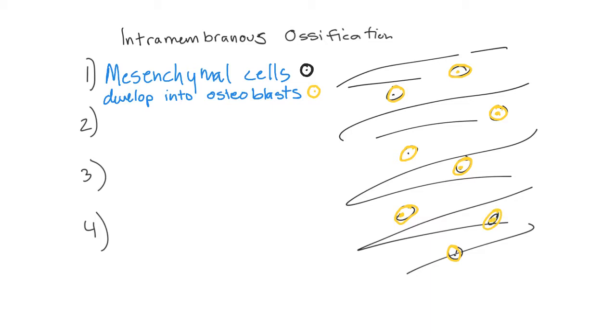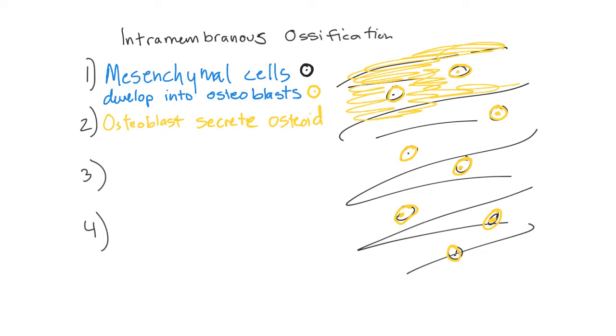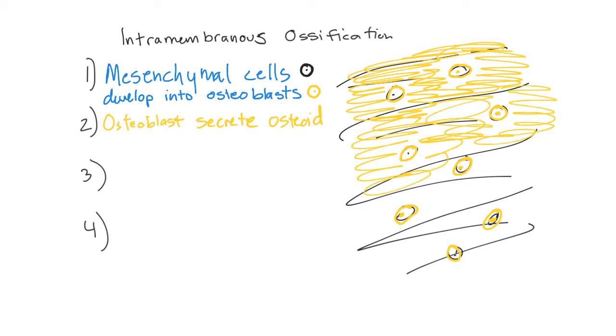What do osteoblasts do? They grow new bone, right? So the next step is our osteoblasts secrete osteoid. This mesenchymal tissue is going to be replaced by our bony matrix of osteoid.